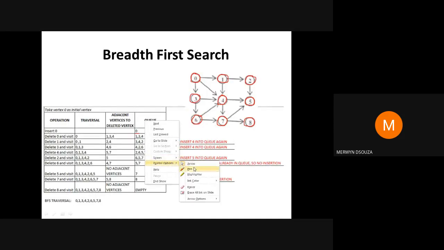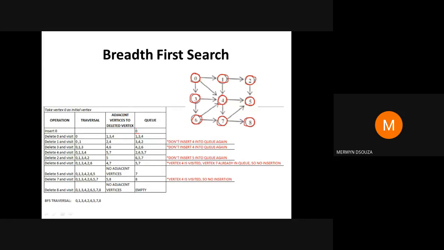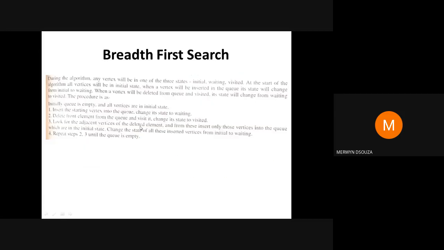So I delete that vertex. I delete the vertex at the front of the queue, that is 0, and I visit it. Since I visit it, I put it in the output. Here, visited means put it in the output.